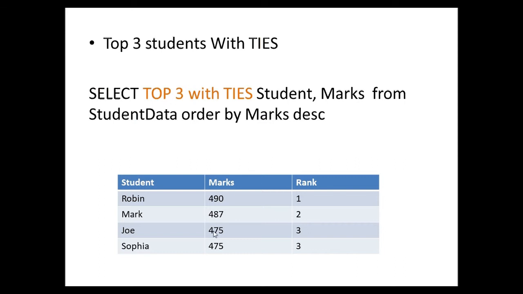It will allow us to get tie records. Okay, so I think this is very clear. Joe and Sophie have the same marks, so it is important to get Sophie also for our top 3 list. So let's see the example.